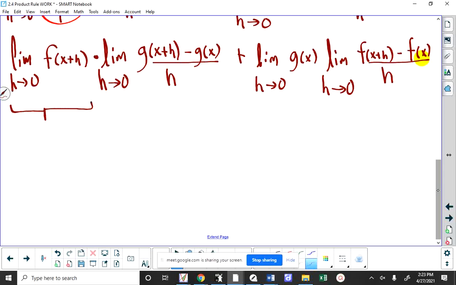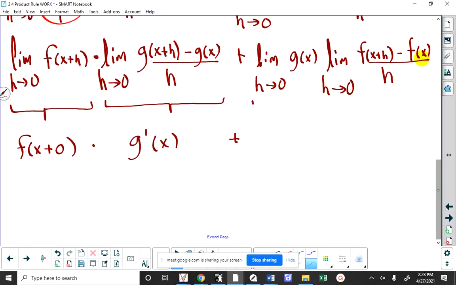Well, can I go ahead and put h in here? Sure, obviously I can. And I will get f of x plus 0 times, what is this whole limit equal to? g prime of x. g of x plus h minus g of x over h as a limit is the derivative of g of x.